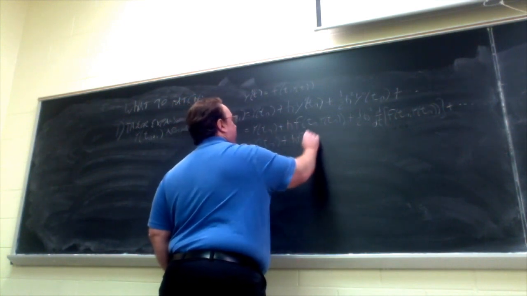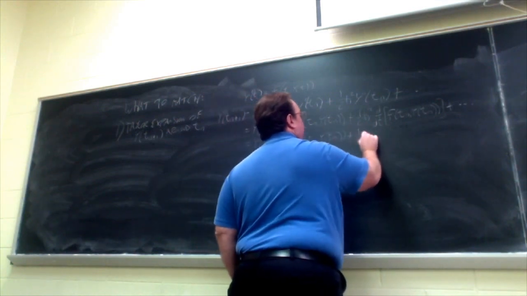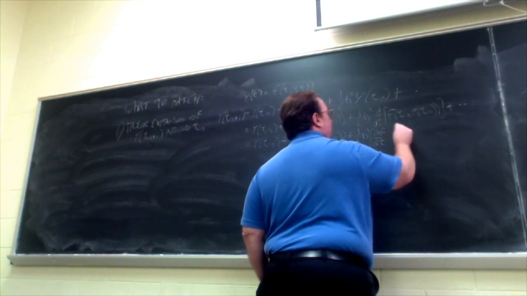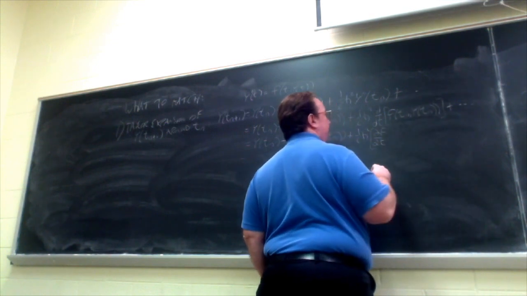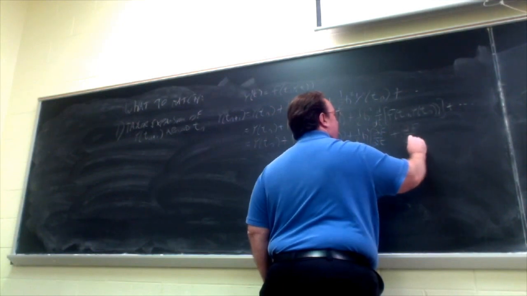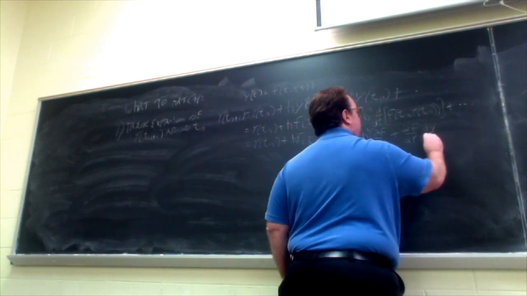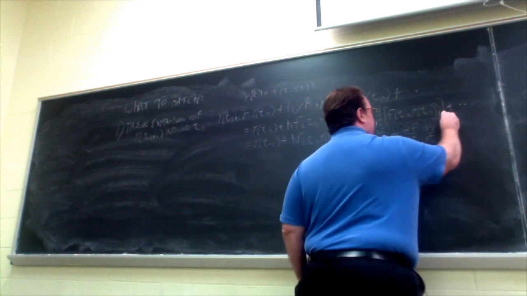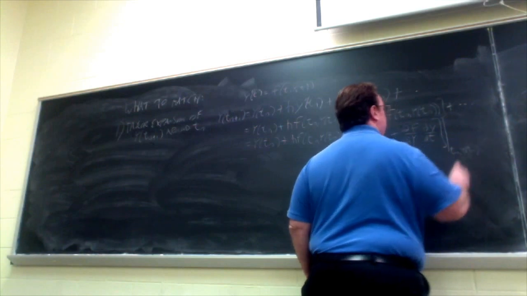So we have Tn plus h f of Tn, y Tn, plus 1/2 h squared, and what I have is partial of f with respect to t. I'm not going to continue writing this evaluation because lazy. And partial f with respect to y. And then here I need dy dt. Actually, I'll make up for my laziness by indicating that all this is to be evaluated at Tn, y of Tn.